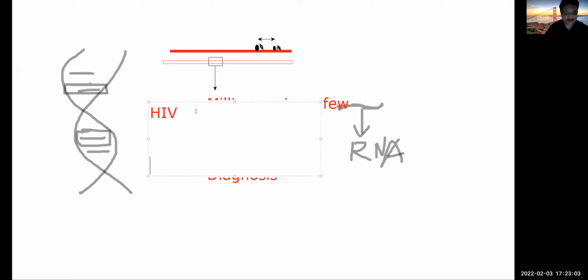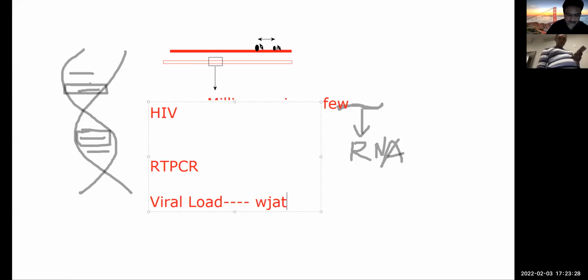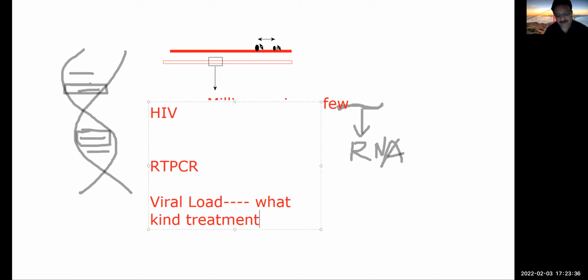Then RT-PCR was developed, and this RT-PCR was able to detect viral load in a patient, meaning how much HIV is circulating in the blood, and this would determine what kind of treatment should be instituted in these patients. If the viral load is high, then a different, aggressive treatment, and so on and so forth.